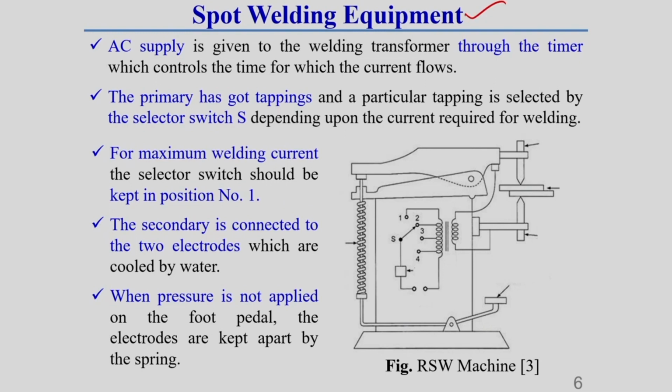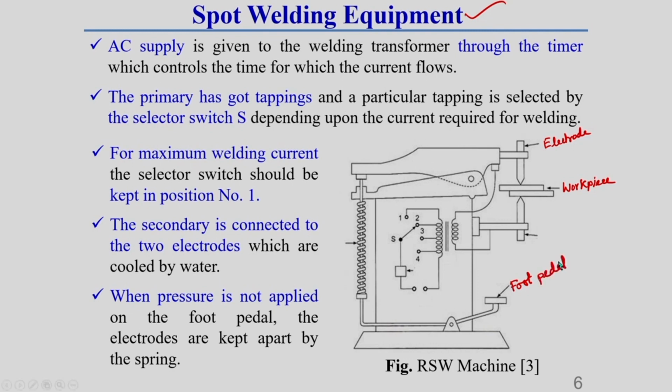Here I will discuss in more detail the spot welding equipment. Here you see in this welding process, what I have already told you, this is called electrode, this is called electrode, this is called workpiece, and this, which I am showing in detail here, is called foot pedal, or foot pedal.